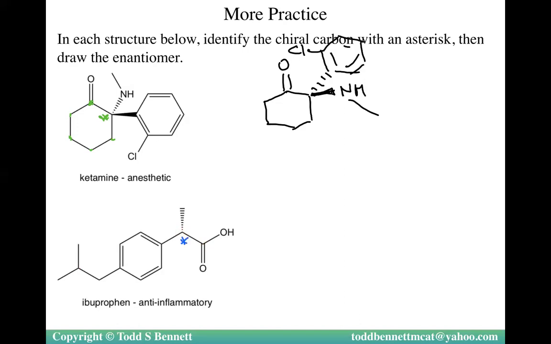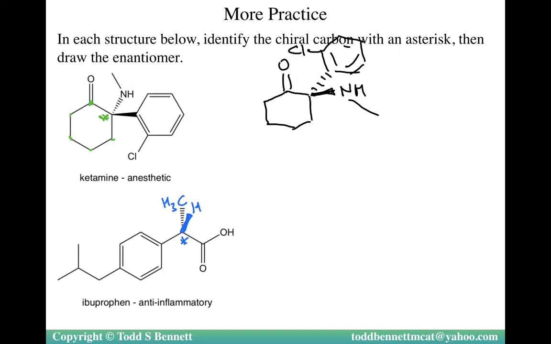I'm going to emphasize that this is a CH3 group. And I'm going to put the H right here. So 4 substituents: the benzene ring with the t-butyl group attached, para, the carboxylic acid group, the methyl, and the H. 4 unique substituents. So the easiest thing to do is to switch the 2 smallest, the H and the CH3.